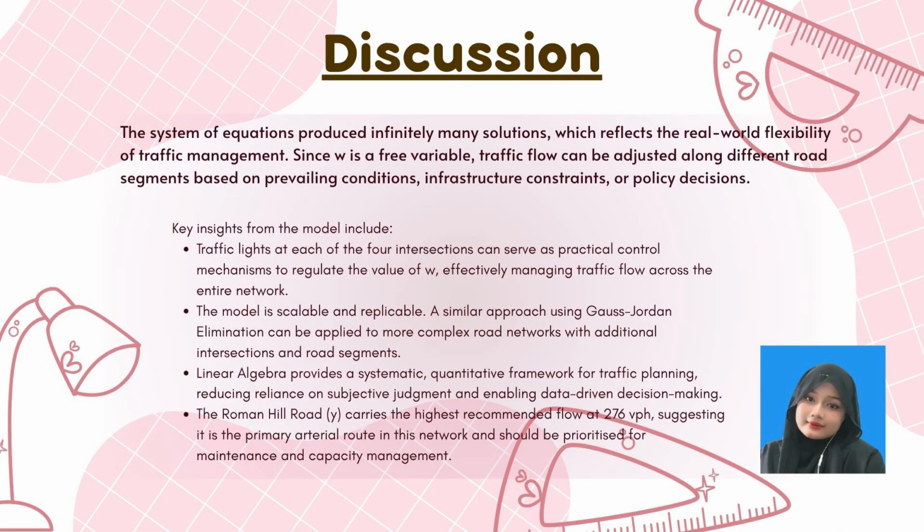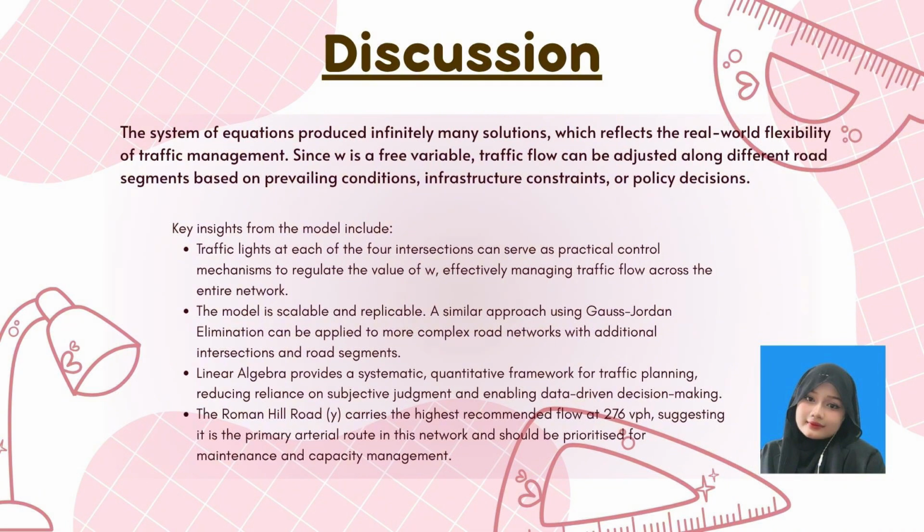From these results, we can observe that the Roman Hill Road carries the highest traffic volume at 276 vehicles per hour, making it the primary arterial road in the network. Authorities should prioritize this road for maintenance and capacity management. The fact that the system produces infinitely many solutions also has a practical meaning.